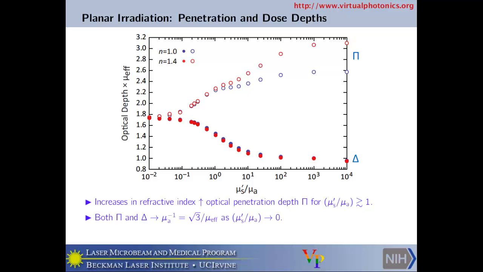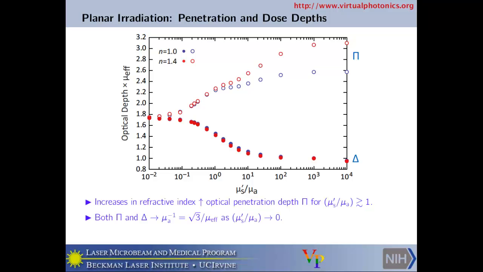So this is a fairly involved slide. What I've done here is plot dose depth in dimensionless units. I've taken the actual physical depth that the light penetrates and multiplied it by mu effective. Mu effective is that rate of spatial decay of light fields predicted by the standard diffusion approximation. Okay? So this is dimensionless because mu effective has units of inverse length.